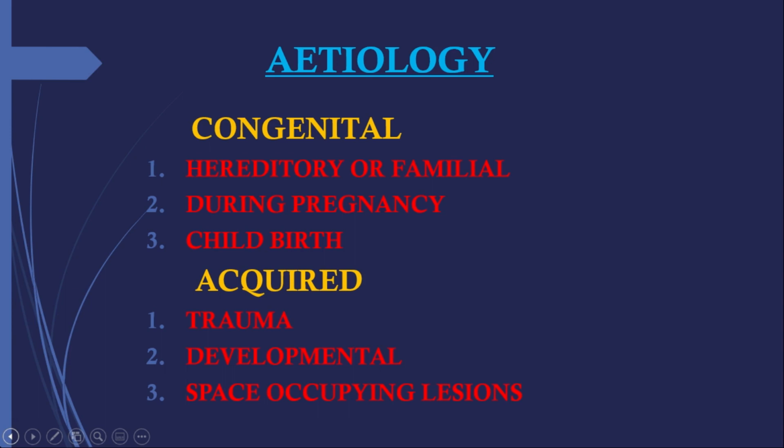Talking about the acquired ones, trauma directly occurring to the nose. Well, trauma has got types, usually physical type of trauma. That is, there could be either accidental type of trauma, or it could be surgical type of trauma. It could also be an assault.